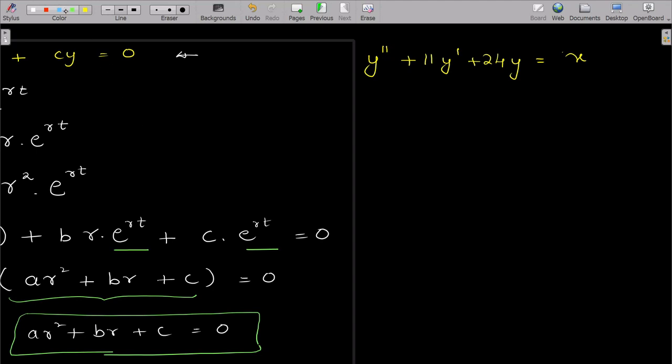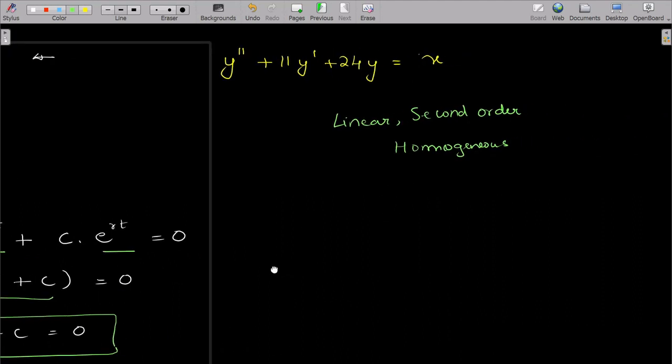There are three terms. We say it is a linear second order homogeneous differential equation. You should know the meaning of these three terms.